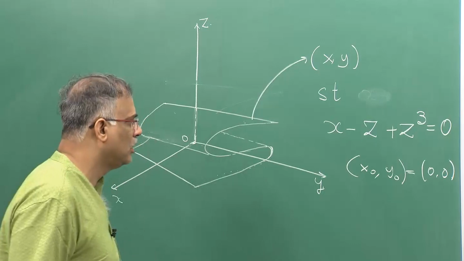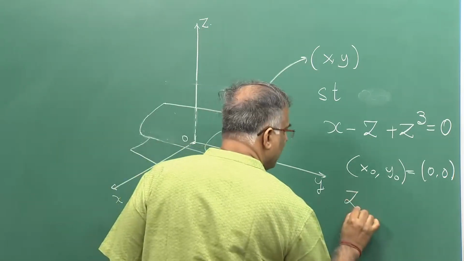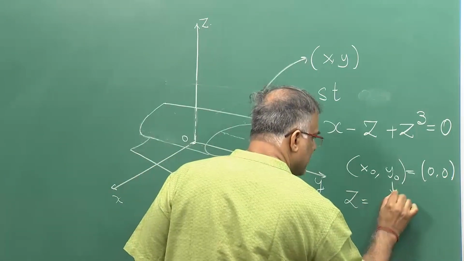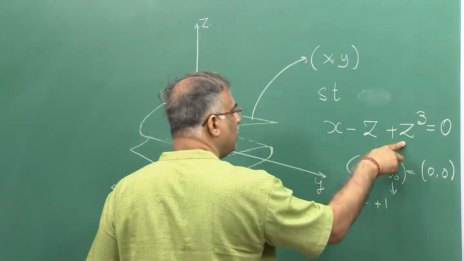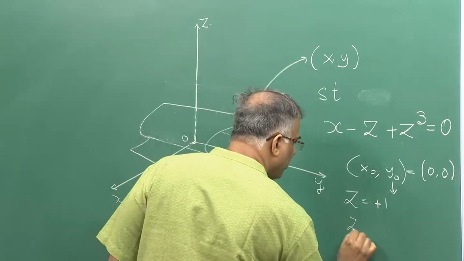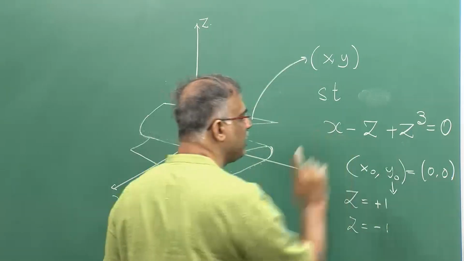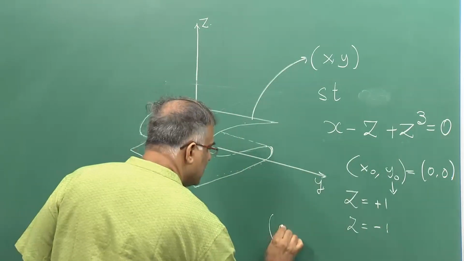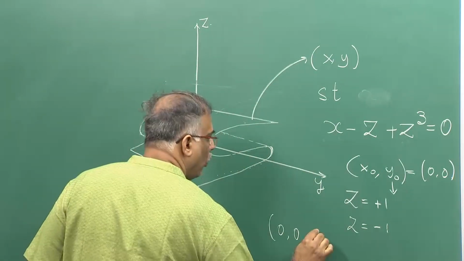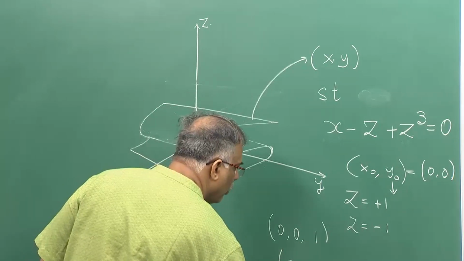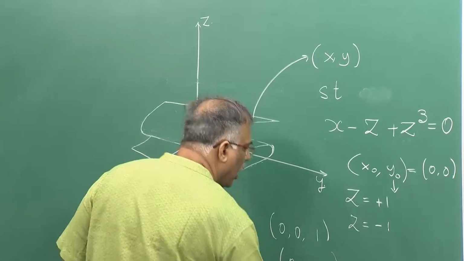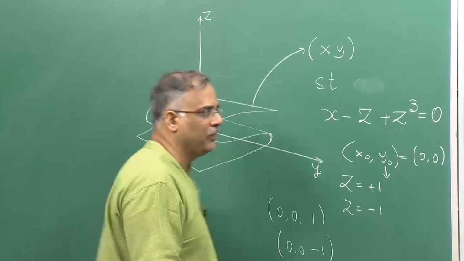Corresponding to this point, if I put z equal to plus 1, this equation is satisfied. If I put z equal to minus 1, this equation is satisfied. So (0, 0, 1) and (0, 0, minus 1) are both points of this surface.